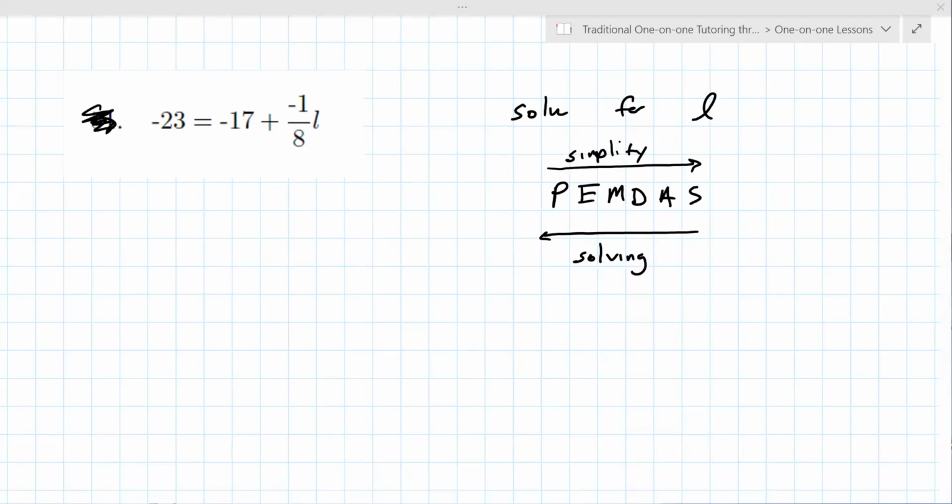Yes, solve for L. How are you doing on this one?